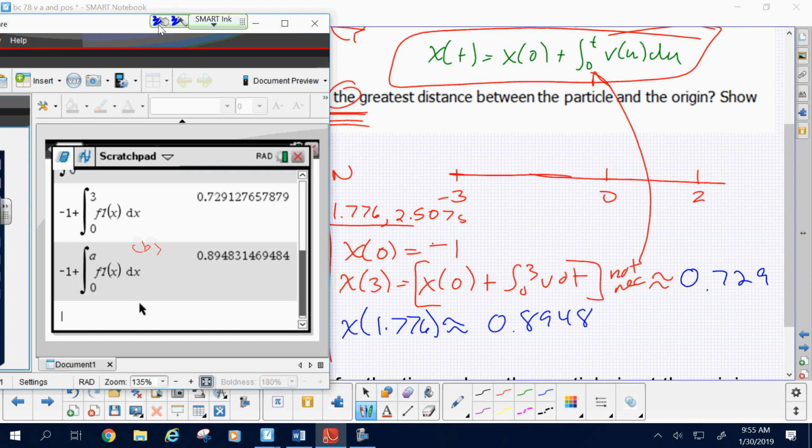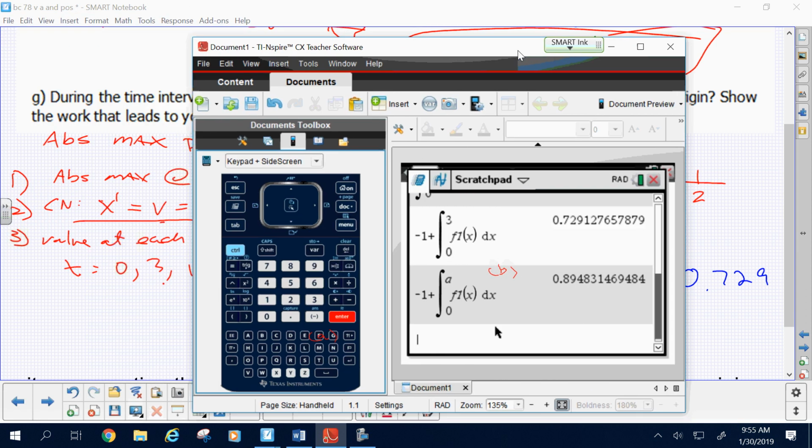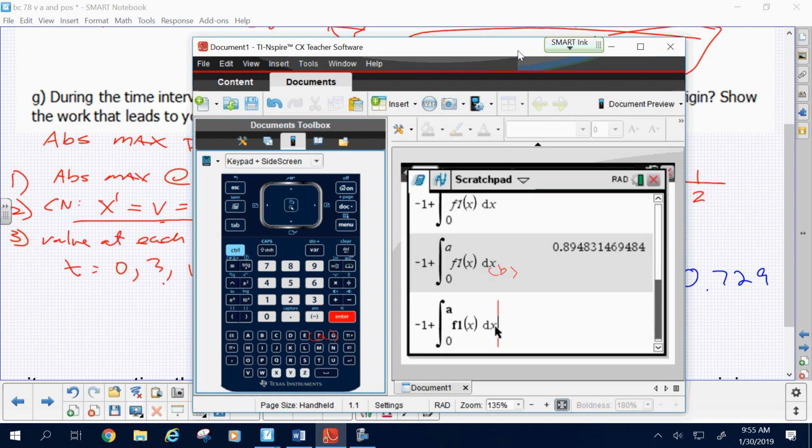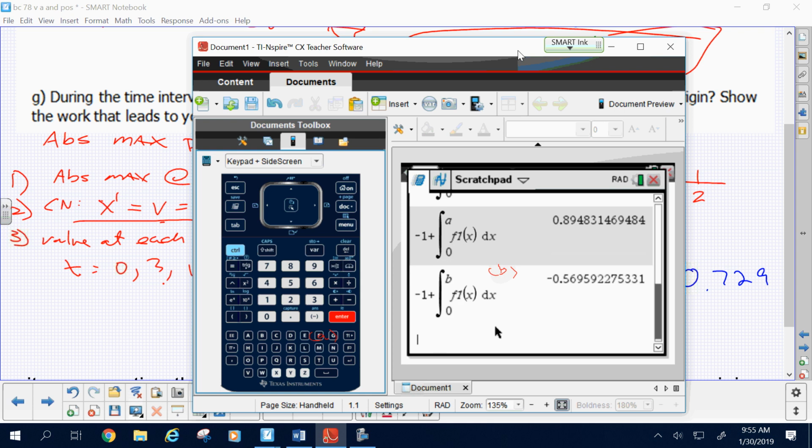That makes sense. I'll talk about why that makes sense in a minute. 2.507 is my B. Go up, recall that, and go from 0 to B time frame, -0.569.